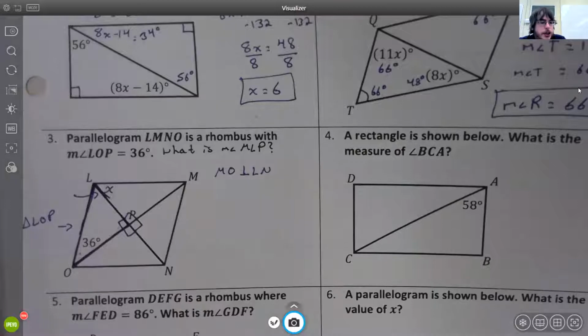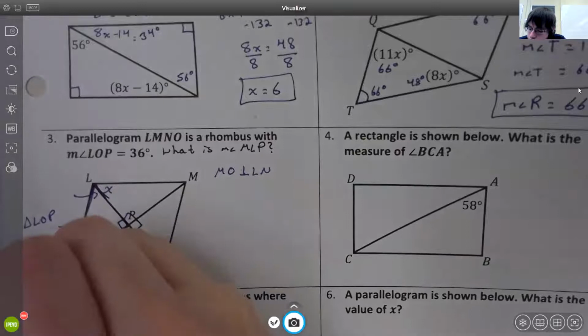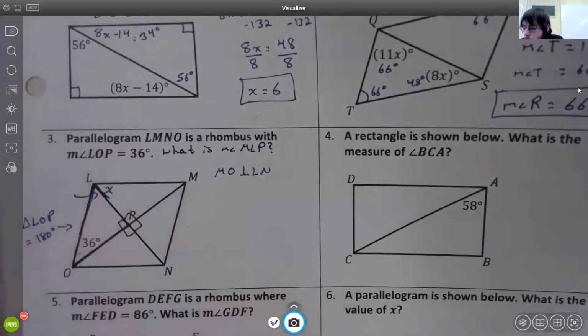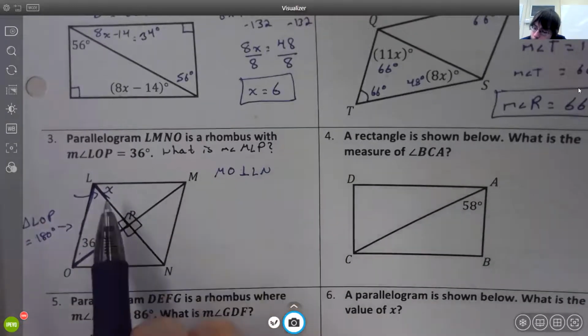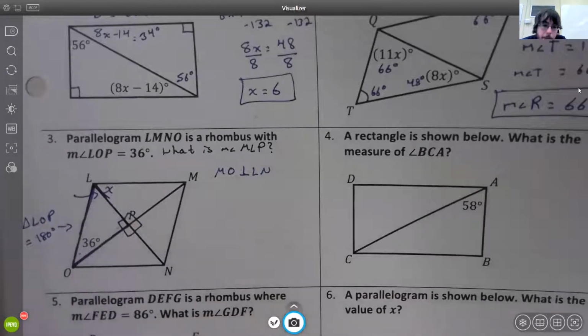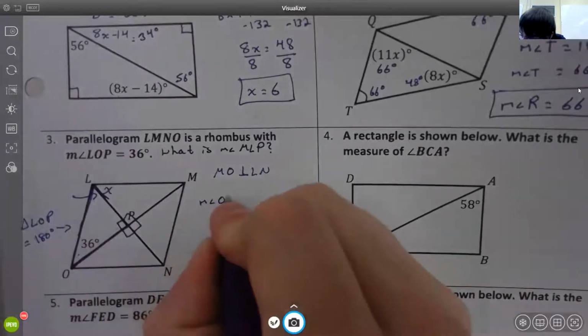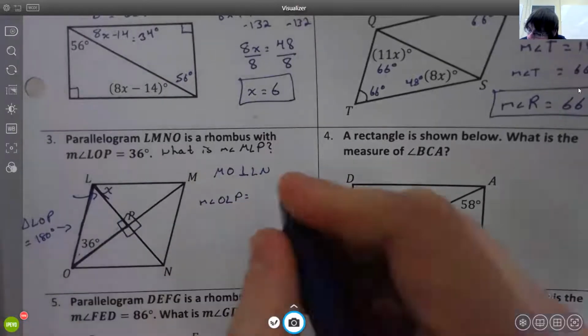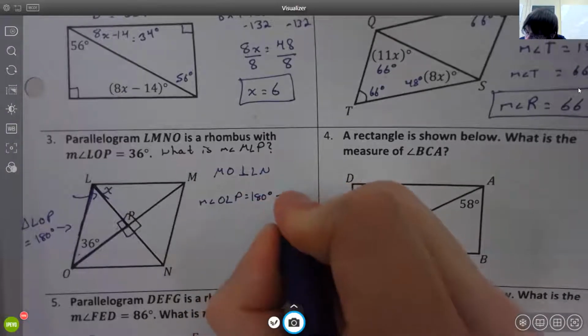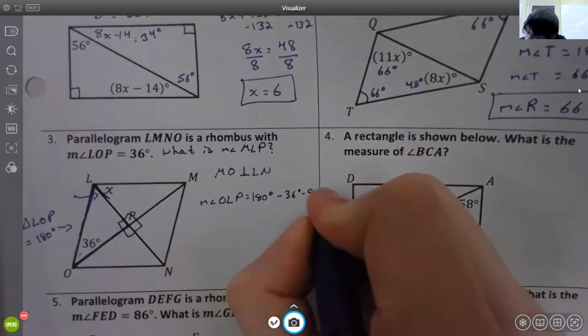And of course, since it's a triangle, the sum of the angles is equal to 180. So if we take the 36 and the 90, add them together and subtract them from 180, we can find the measure of angle OLP. So OLP would be equal to 180 minus 36 minus 90.